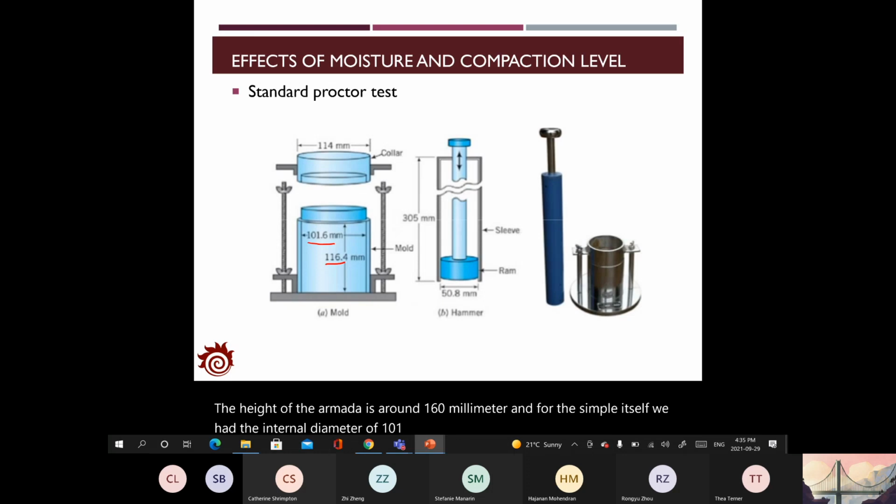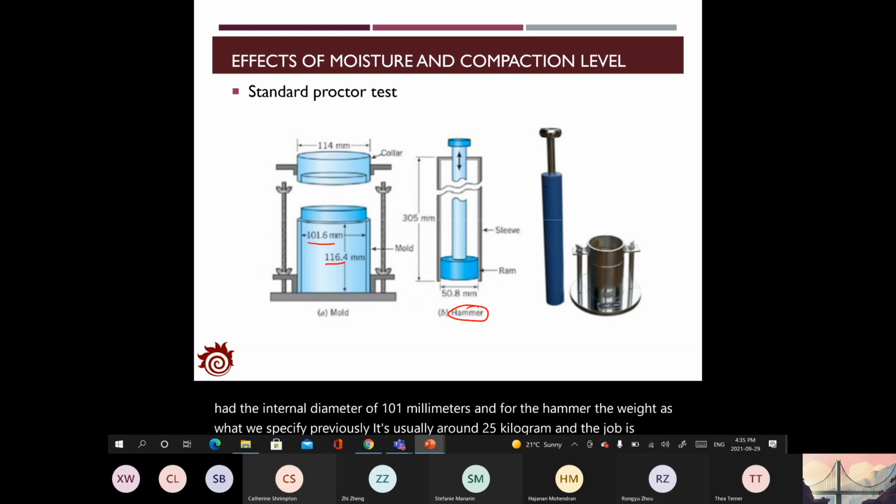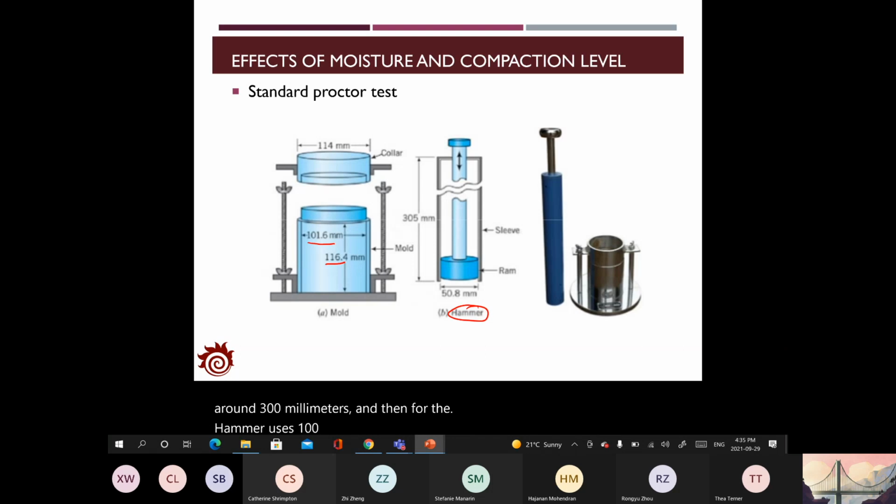For the hammer, the weight, as we specified previously, is usually around 2.5 kilograms, and the drop is around 300 millimeters.